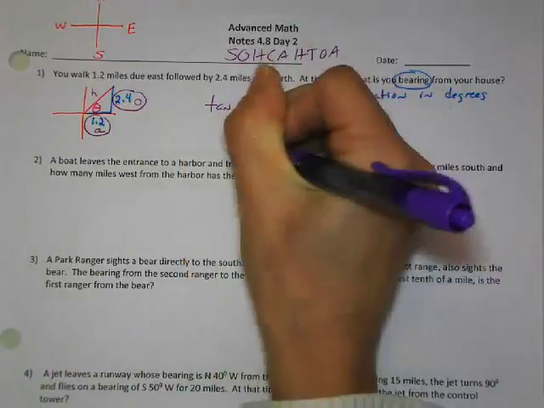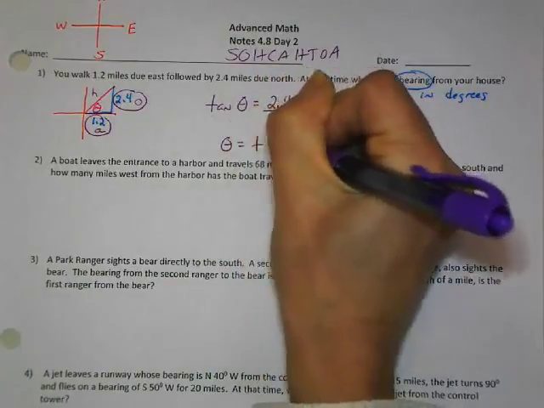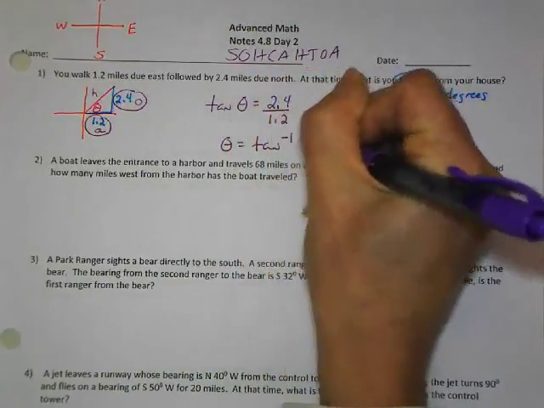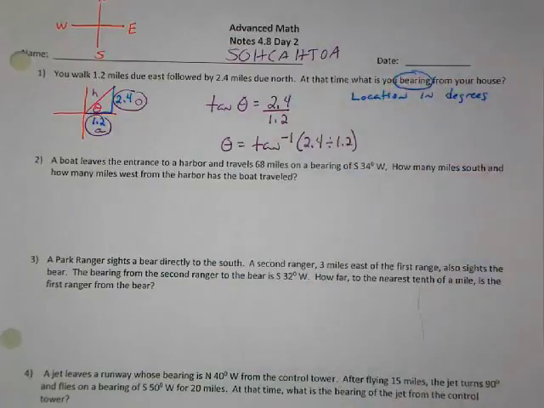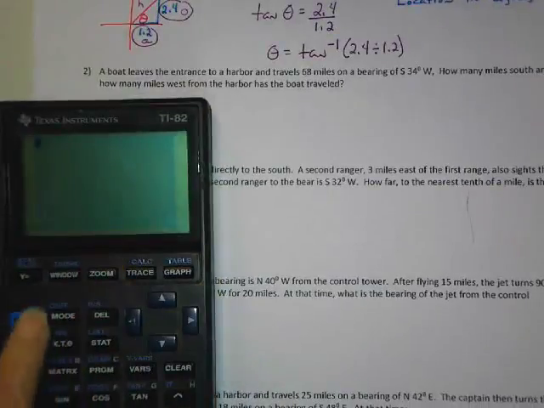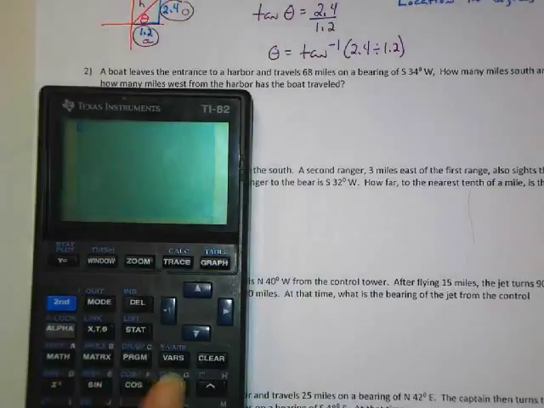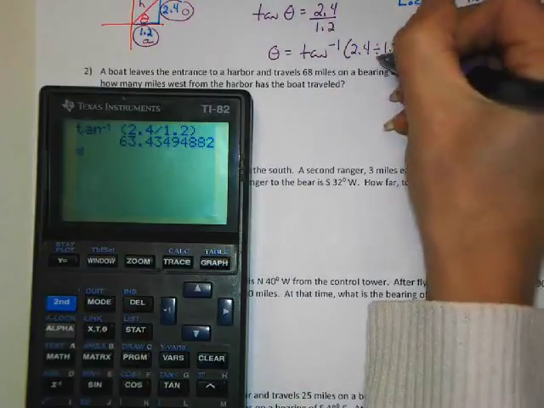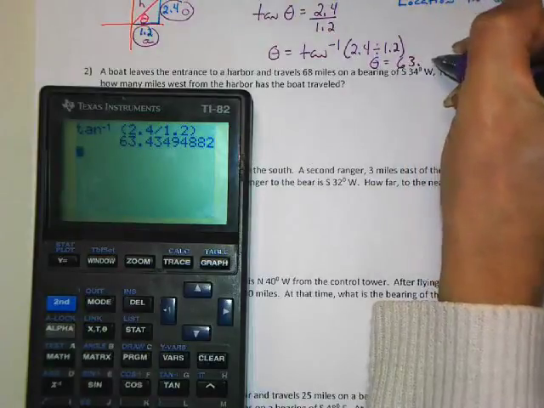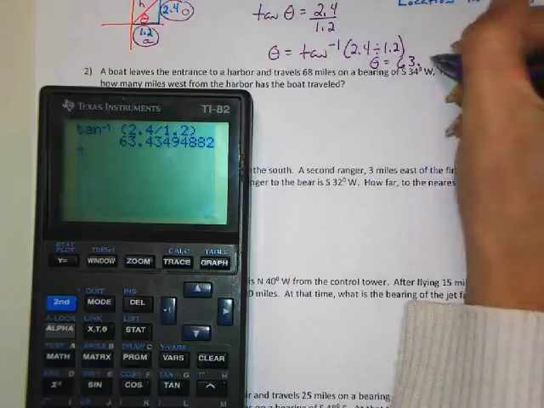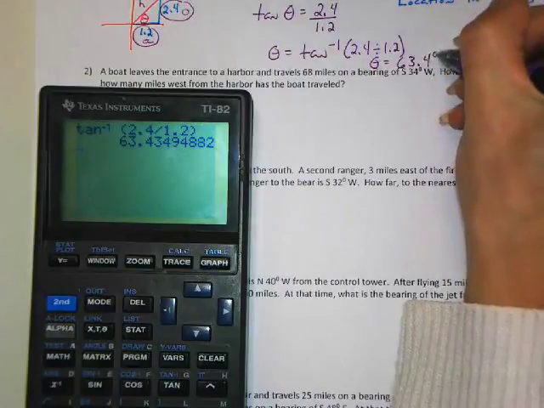Well, dividing by the tangent is the same as taking the inverse tangent. So you grab your calculator, hit inverse tangent, 2.4 divided by 1.2, and I get that theta is approximately 63 point, what are we rounding to? It doesn't say. Let's just go to the nearest tenth, 63.4 degrees.